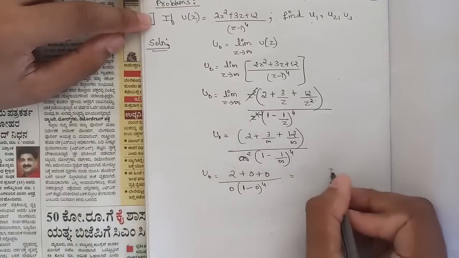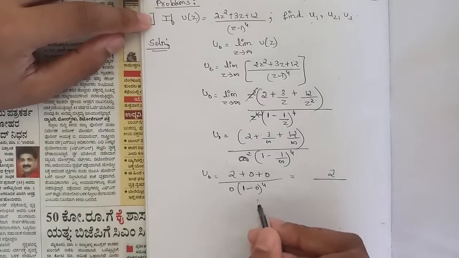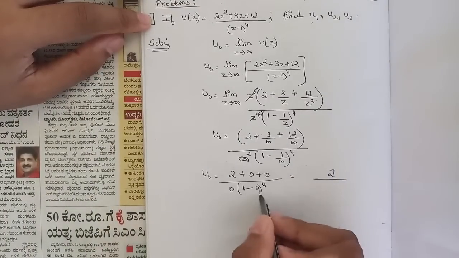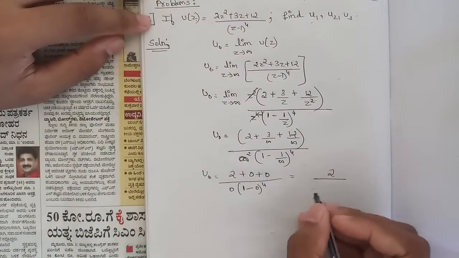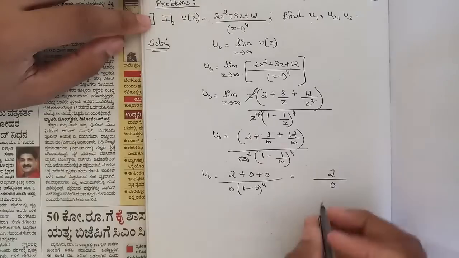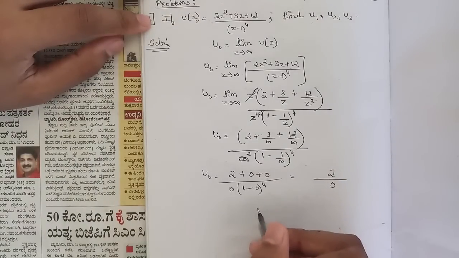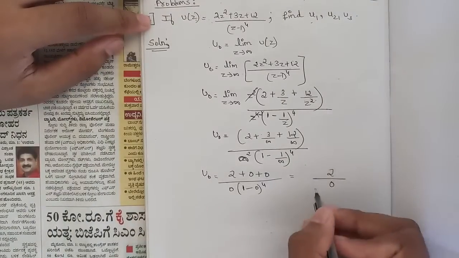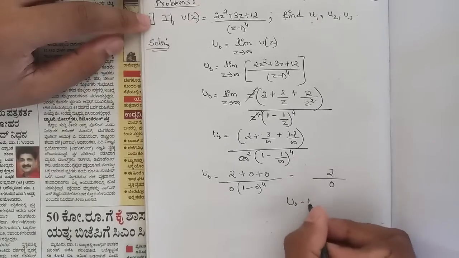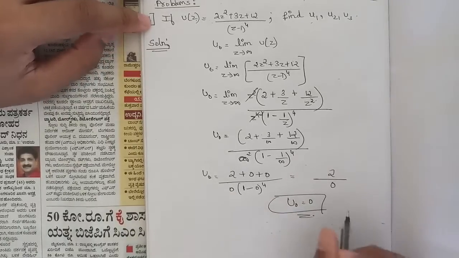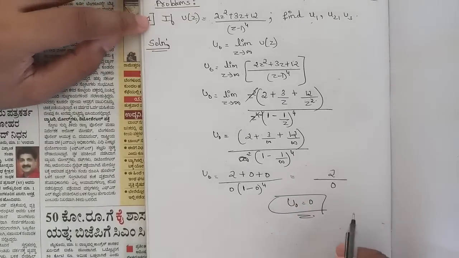So 2 plus 0 is 2, divided by 1 minus 0 is 1. So this becomes 0. So the final answer for u naught will become 0. Okay.